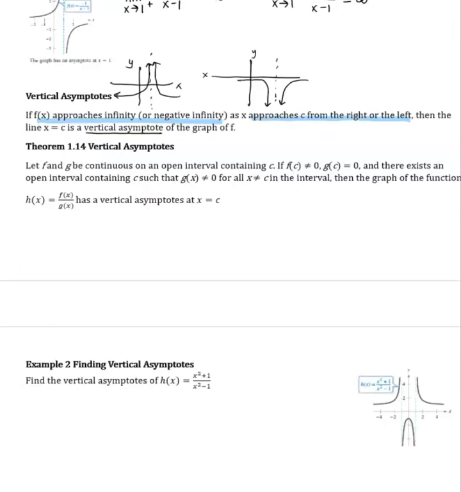The next theorem that we have gives us another way to show where a function would have a vertical asymptote. If we have a rational function like this, and we are able to show that there is some x value for which the numerator is not 0, but the denominator is 0, then that would give us a vertical asymptote.